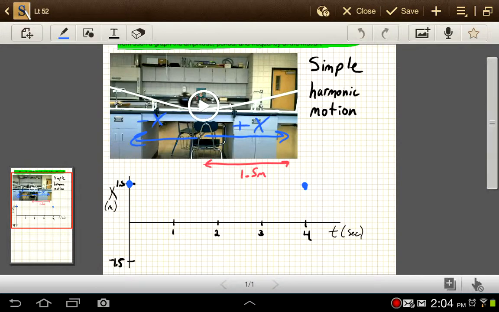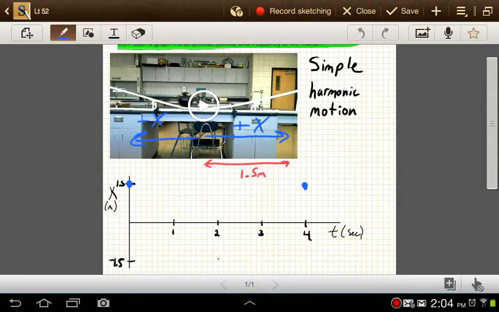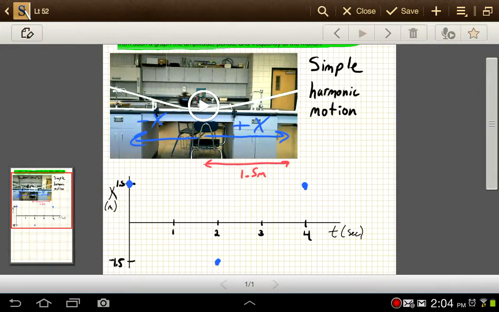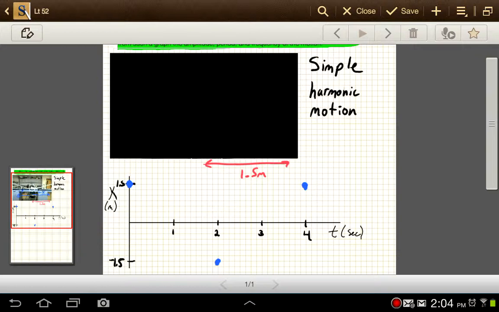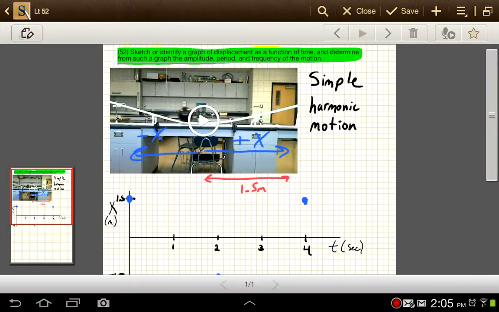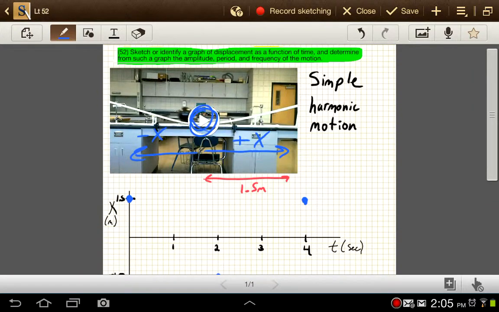So that would be a position of negative 1.5 meters. And then watching one more time, halfway between far right and far left, at 1 second, we're right here in the middle. And then again at a time of 3 seconds.